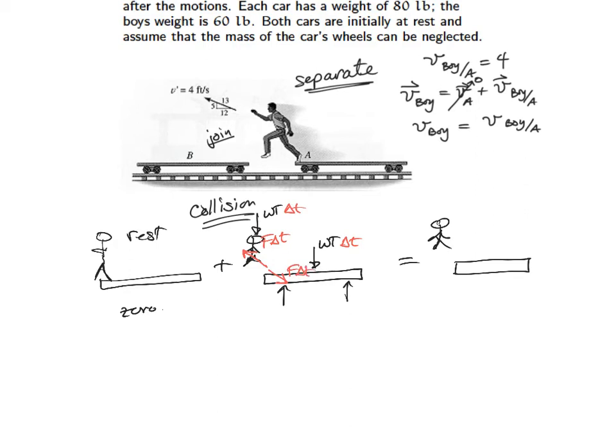Taken separately, I don't know what direction the velocity of cart A is going, so I can just draw it in any direction. I do know that the boy is going to be going to the left as he jumps, so we end up with the mass of the boy times the velocity of the boy, and that would obviously have some geometry with it, 5 to 12.